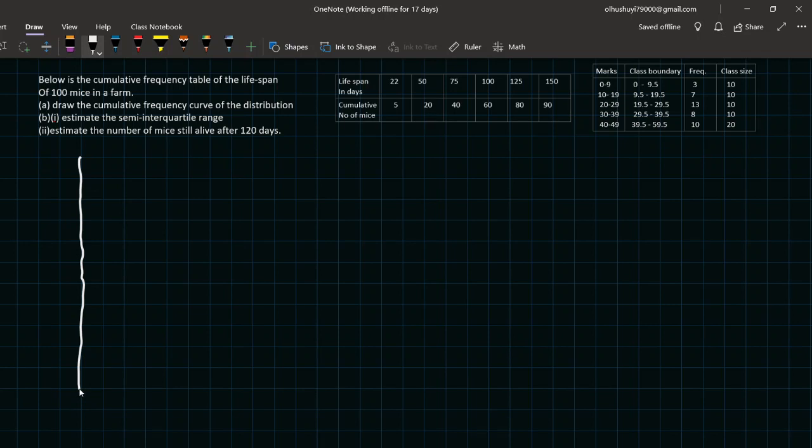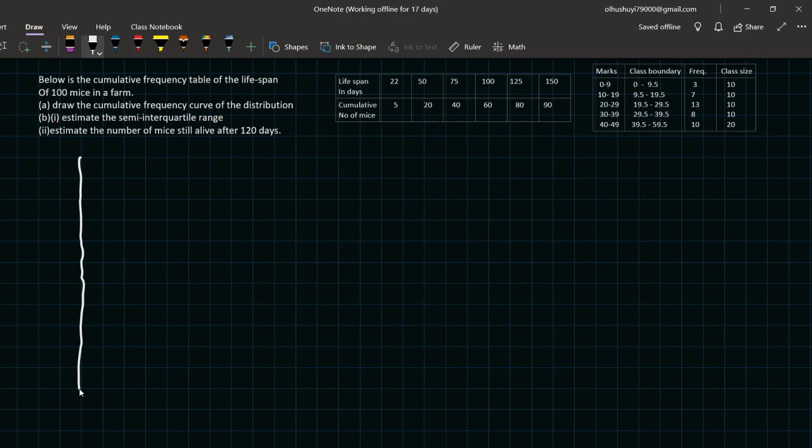Now, for my lifespan, 22, I'm going to 150, and I need an interval of 25, 25. So let me see how many boxes I can represent with. We have 150 by 25, which is 6.